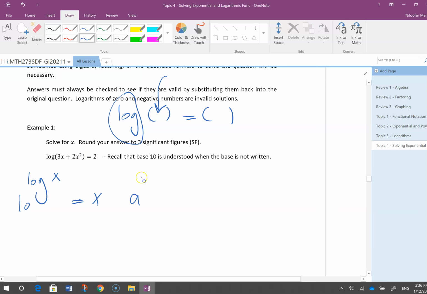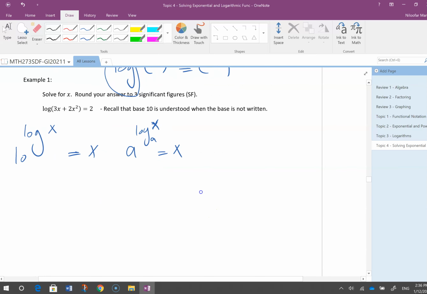If I do a logarithm of x base a, the result is x. We saw this in topic 3. I talked about inverse functions and functions when we combine them, when we do composite functions. And I also talked about two formulas, a star and double star. So we are going to use them. Okay, so we use this formula here.